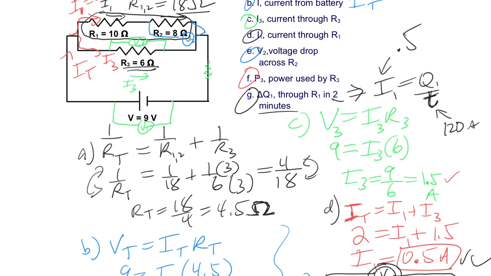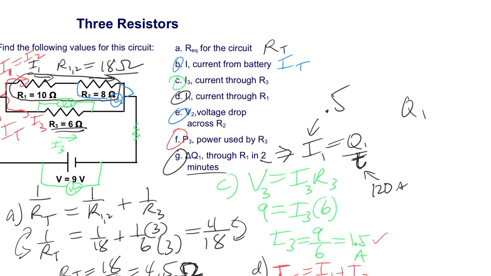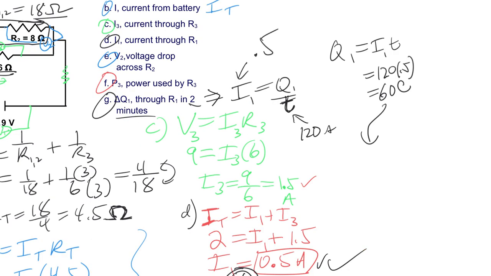So Q1 simply equals I1 times T, which is 120 times 0.5, which is 60 coulombs of charge have passed. Now we can change that to total number of electrons by, like we did in the previous chapter.